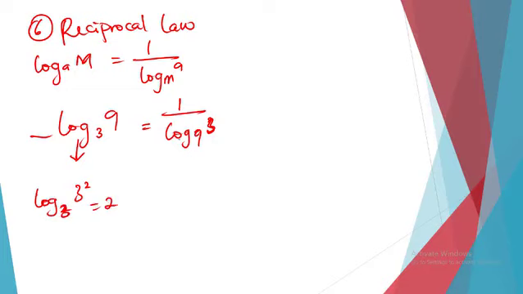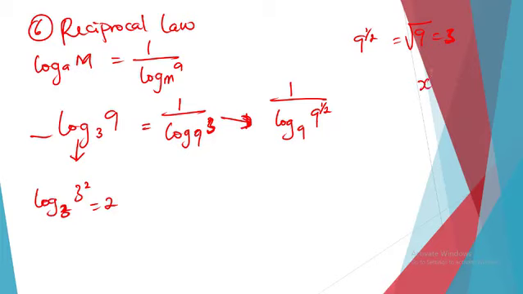But if we're dealing with 1 over log 3 base 9, we have our result to be 1 over log 9 to the power 1 over 2 base 9. You know, when we have 9 to the power 1 over 2, by the fractional law of index, it simply means the square root of 9. Is that correct? Which will give us what? 3. So when we have x raised to power 1 over 2, it is the same as the square root of x.